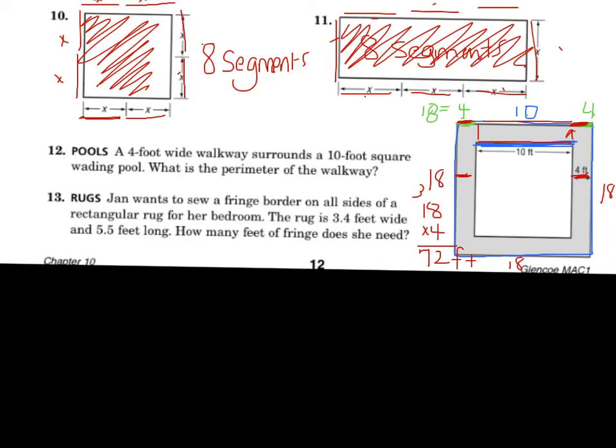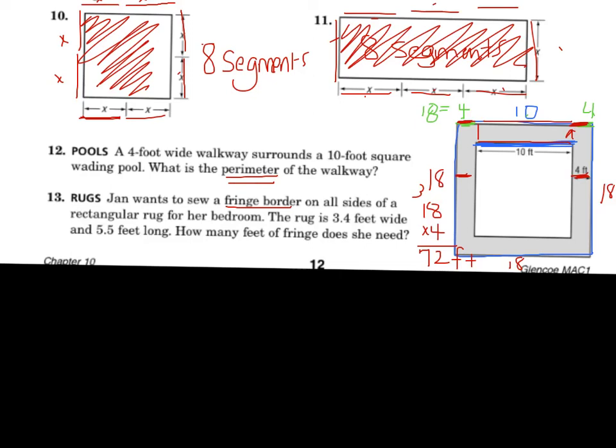The last one, and by the way, they use the word perimeter here, but they might not say that. They might say, what's the distance around the walkway? Or what is the distance of the walkway? Okay. Number 13, Jan wants to sew a fringe border on all sides of a rectangular rug for her bedroom.